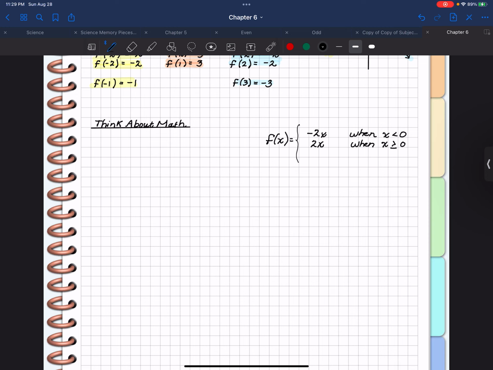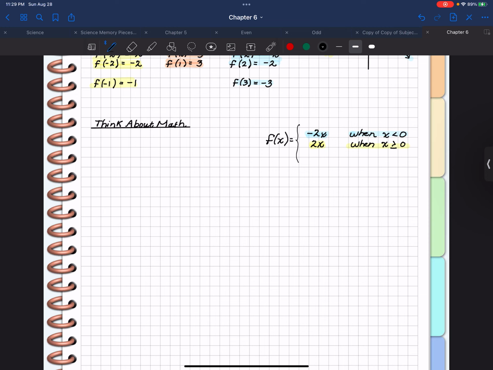So we only have 2 pieces in this function. The last one had 3. When x is less than 0, we're going to do this. When x is greater than or equal to 0, we're going to do this.